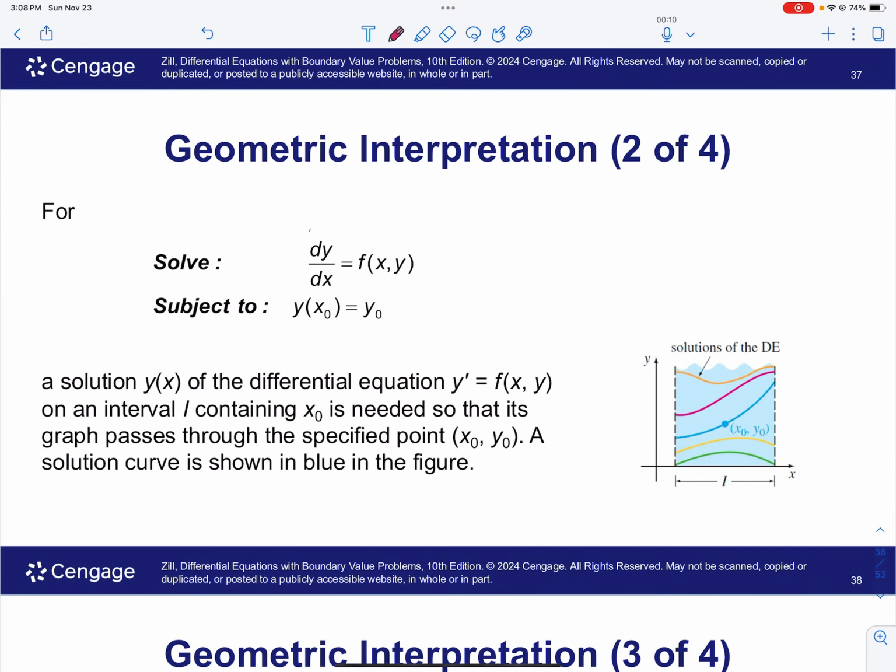If you have a differential equation with y(x0) equal to y0, this means the solution has to go through the point (x0, y0). If these are all solutions, and it has to go through this point, then this will be the solution that we want, because all the other ones will not go through this point. Are you guys with me?